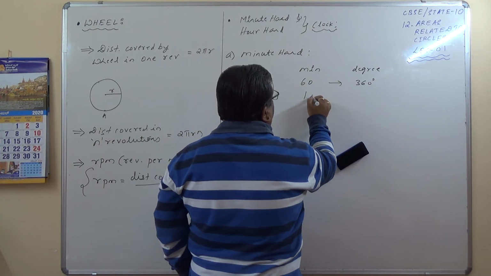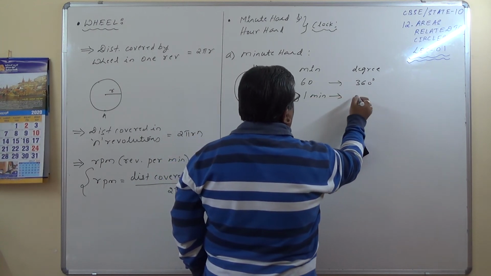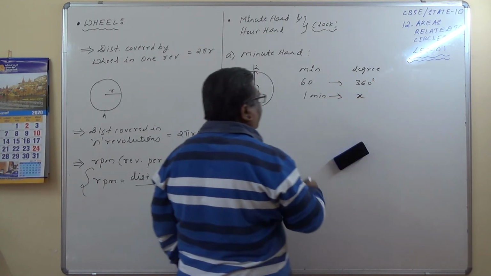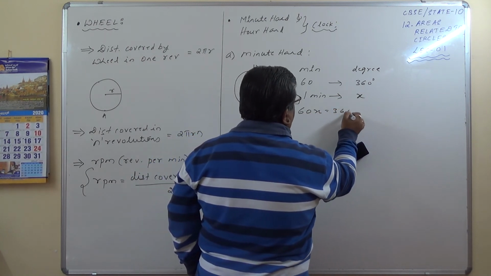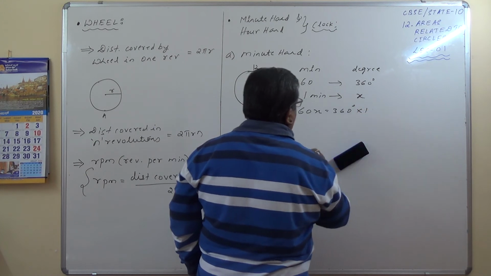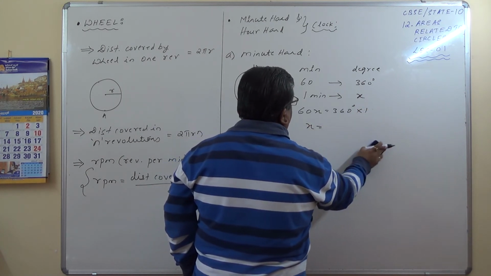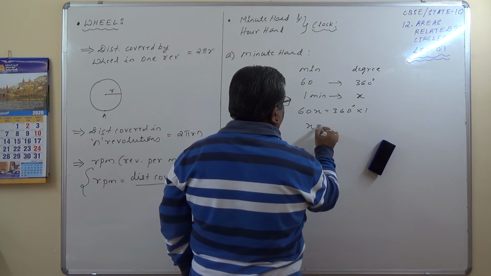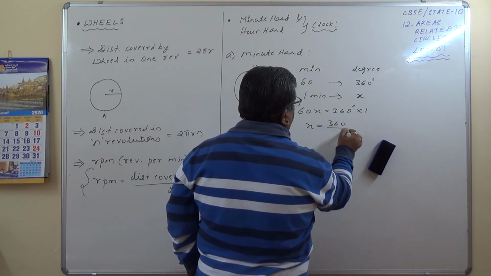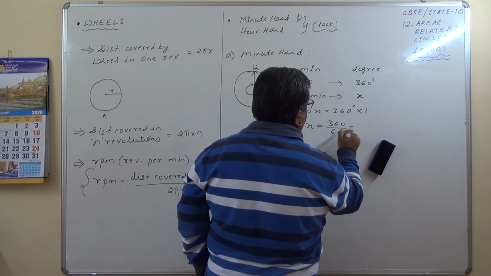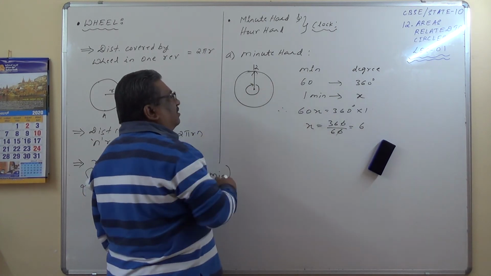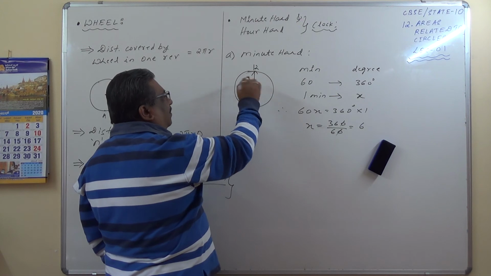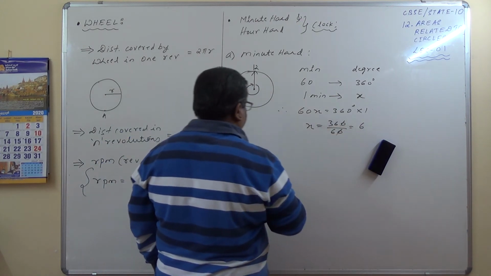So 1 minute corresponds to x degree, and therefore 60x is equal to 360 degrees into 1. Therefore x equals 360 divided by 60, which is 6. So in 1 minute the angle swept by the minute hand is 6 degrees.